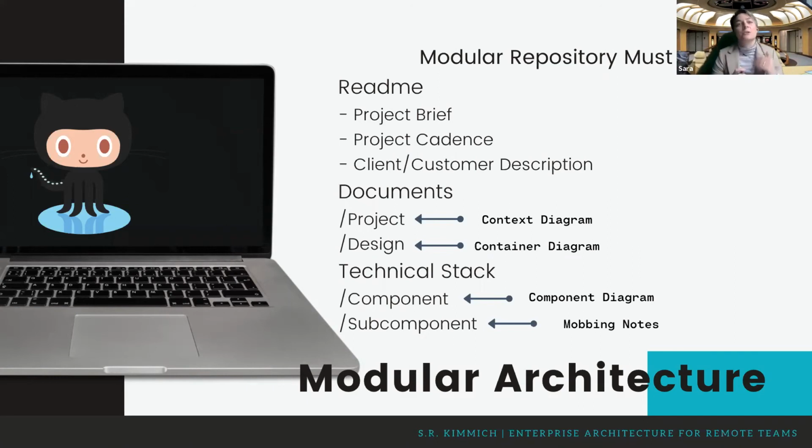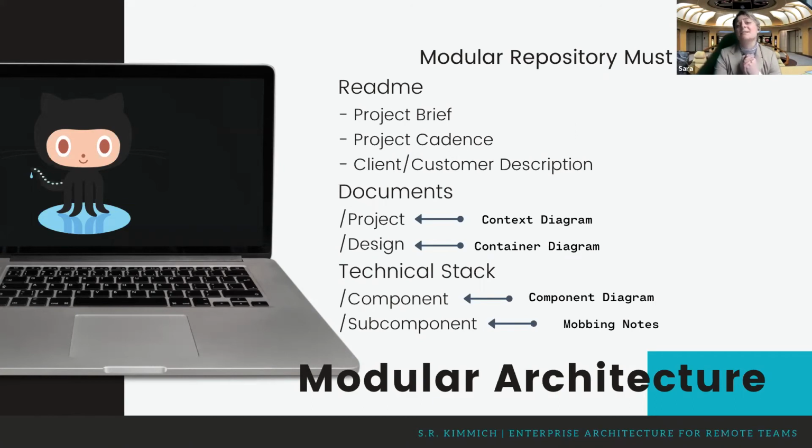Design your file structure with your context, container, and component diagrams in specific folders, because your C4 diagram should always sit in the spot of your repository where it is directly relevant. If somebody wants to open up a file, that should be their map to understanding where they are and where they can go up or down to get to the level of complexity they're trying to be at in development.